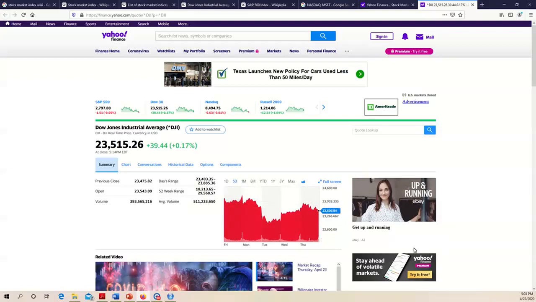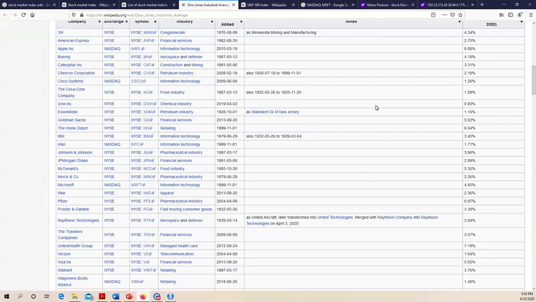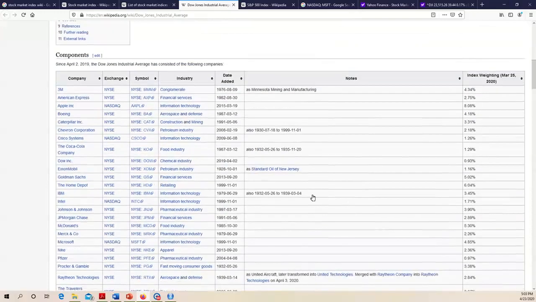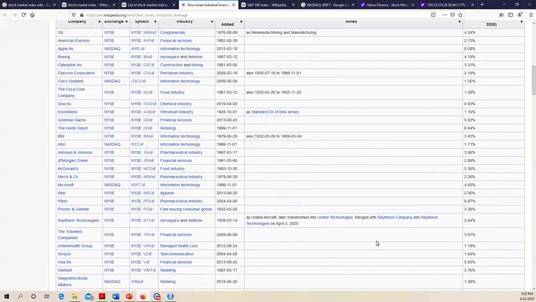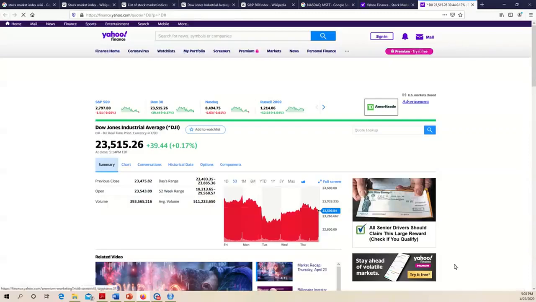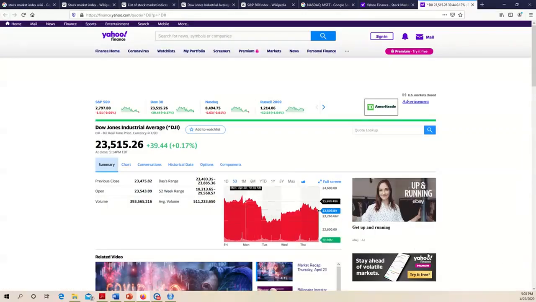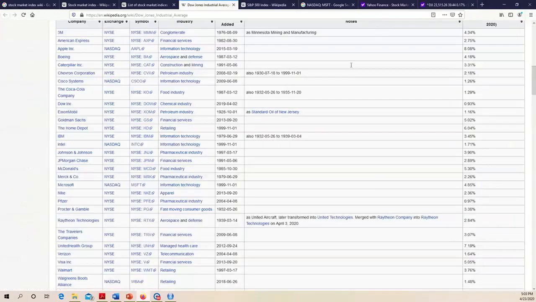So that means over the past 5 trading days, on average, stock prices in this index, those 30 companies, on average, their prices have been falling over the past 5 days. So the Dow index gives you a basic idea how these companies' stocks are doing in the stock market.